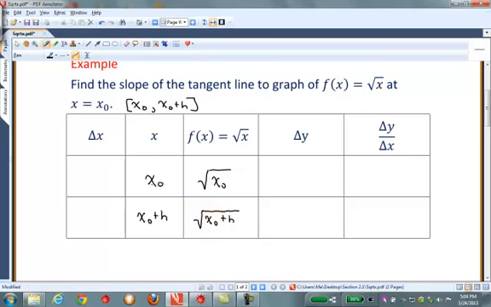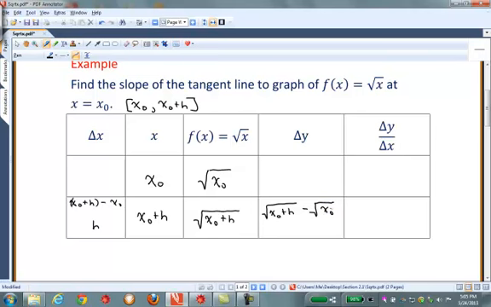Now notice the change in x, as has been, is going to be x0 plus h minus x0, which is just h, and the change in y will be the square root of the quantity x0 plus h minus the square root of x0.